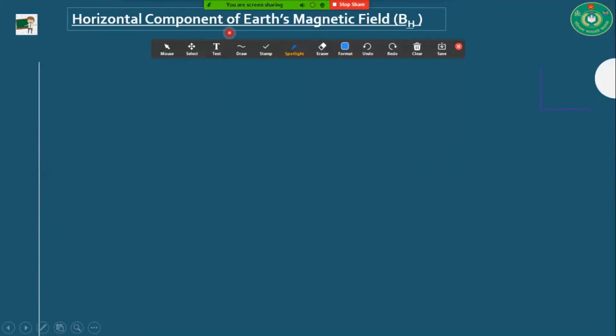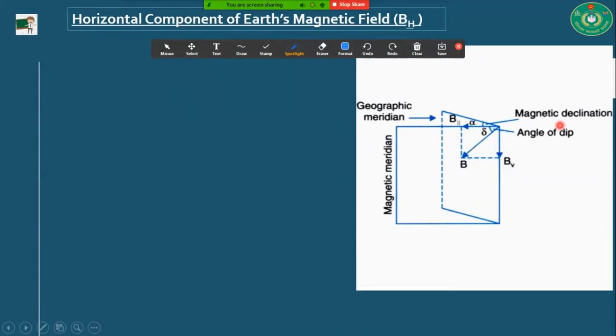Horizontal component of Earth's magnetic field. This is the geographic meridian, and this is our magnetic meridian, and the angle between the geographical meridian and the magnetic meridian is called declination, denoted by theta or alpha. And now I am going to discuss the angle of dip here.